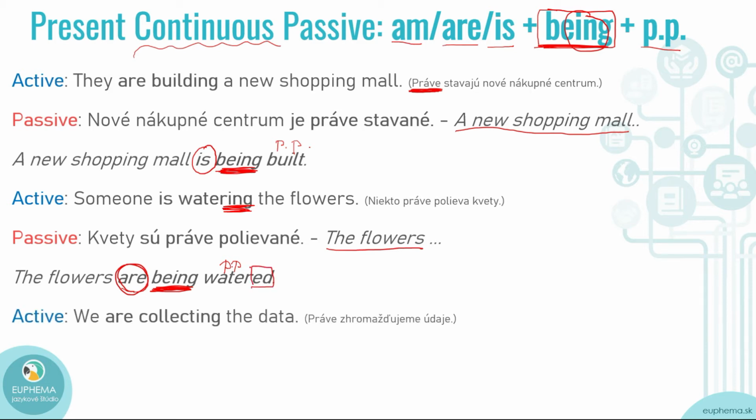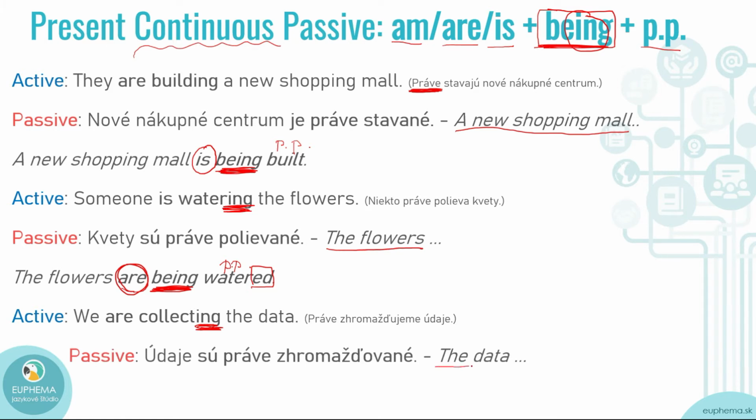And last example, we are collecting the data. We are collecting the data, maybe at the moment, because there is this ing form of the verb. Passive, start with the data. Go on. Let's see. The data are being collected. The data is actually a plural or a singular noun.